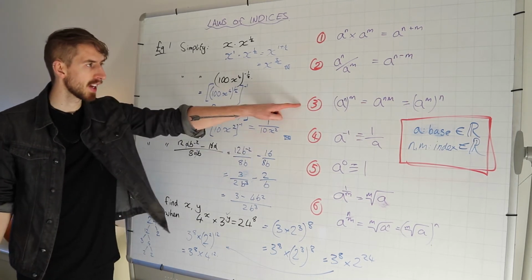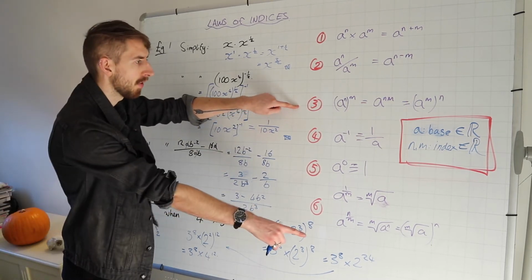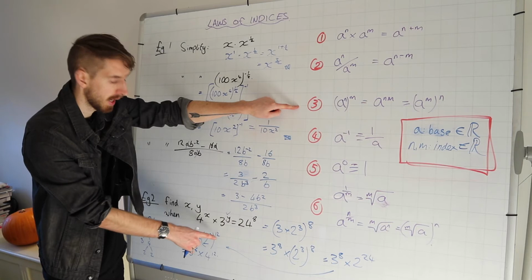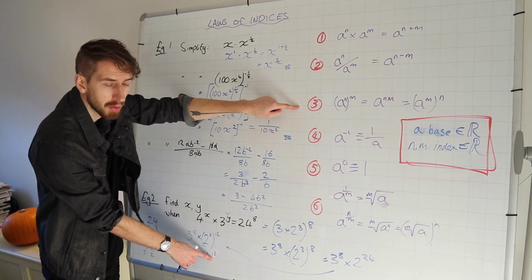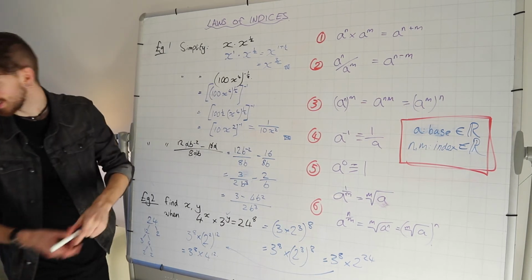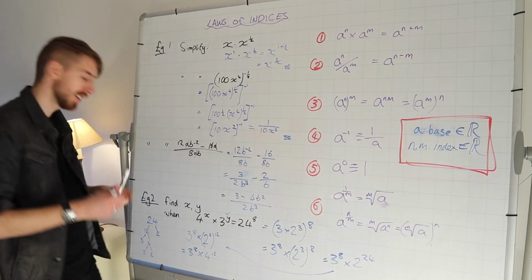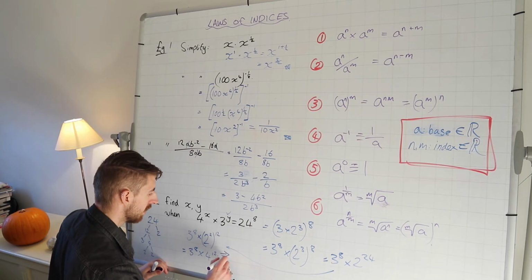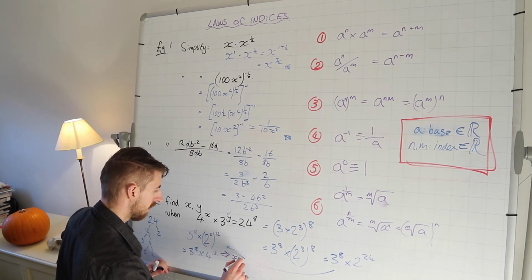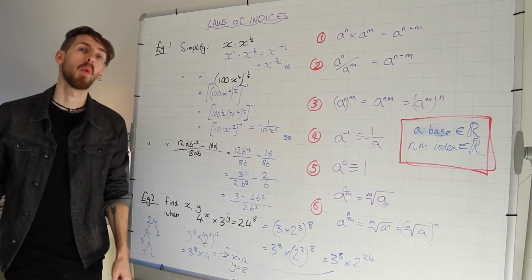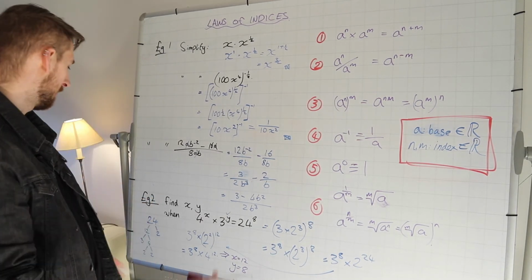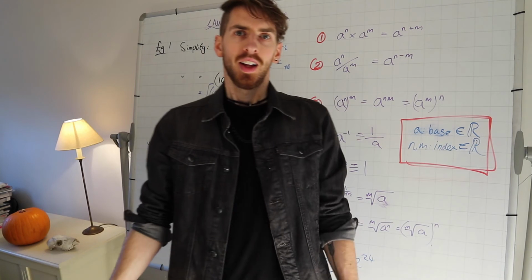So we use this rule here to say that 2 to the power of 24 is the same as 2 squared to the power of 12, which is 4 to the power of 12. So what this means is, I'll do this in a different colour. x equals 12, y equals 8. And that is it.